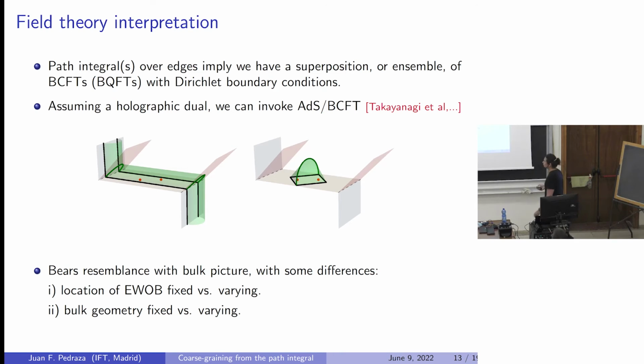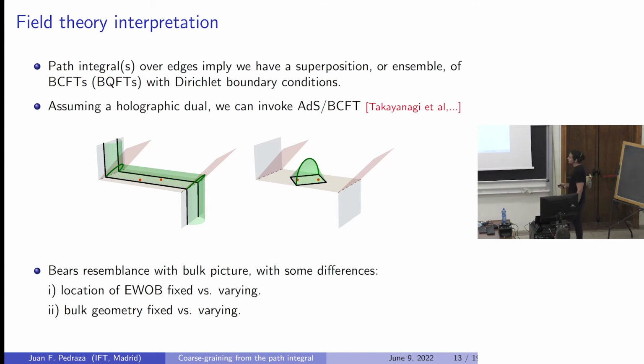While what we did from the bulk perspective, we integrated out up to the surface that we defined. So in that context, the location is fixed, because we said, okay, let's integrate up to this point.